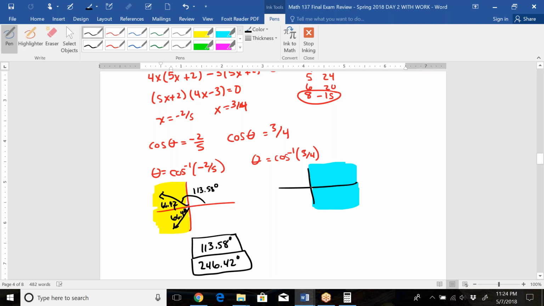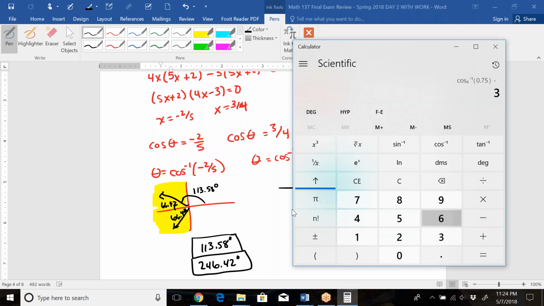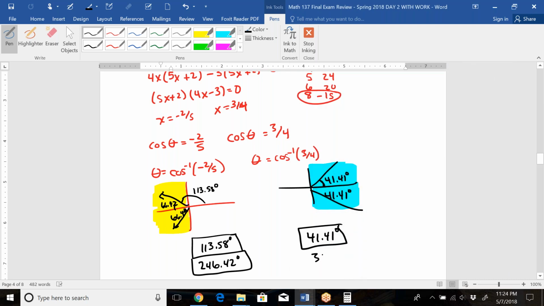And notice this time that actually is the right angle because it is measured from 0. So 41.41. But there's also another 41.41 reference angle, which is the angle down to the x-axis in quad 4. For this one, though, you need to say 360 minus that to get its measurement from 0. So 318.59.